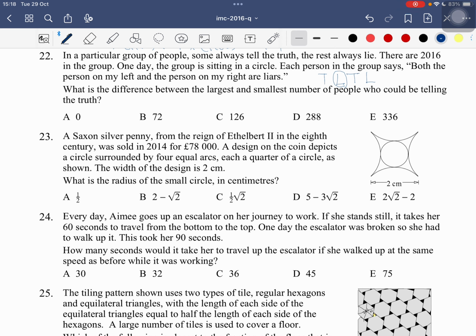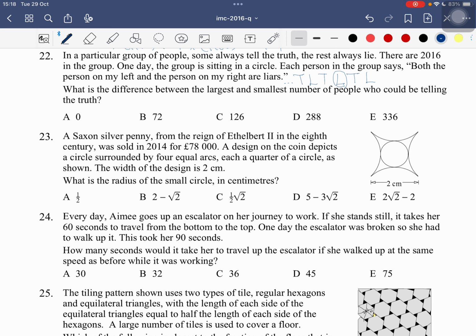And truth should make it lie and lie, and truth. Something like that. So half of them are liars and half of them are telling the truth. So the difference should be 0.